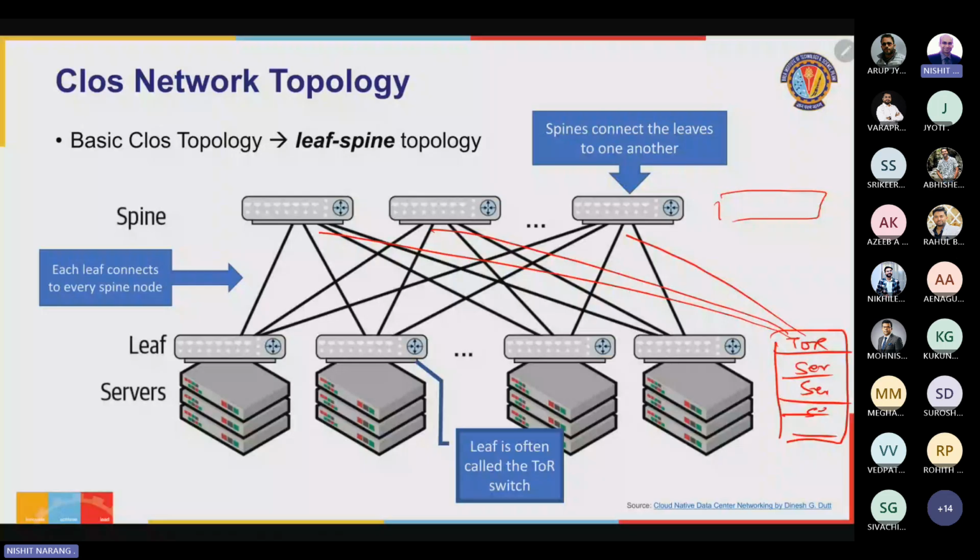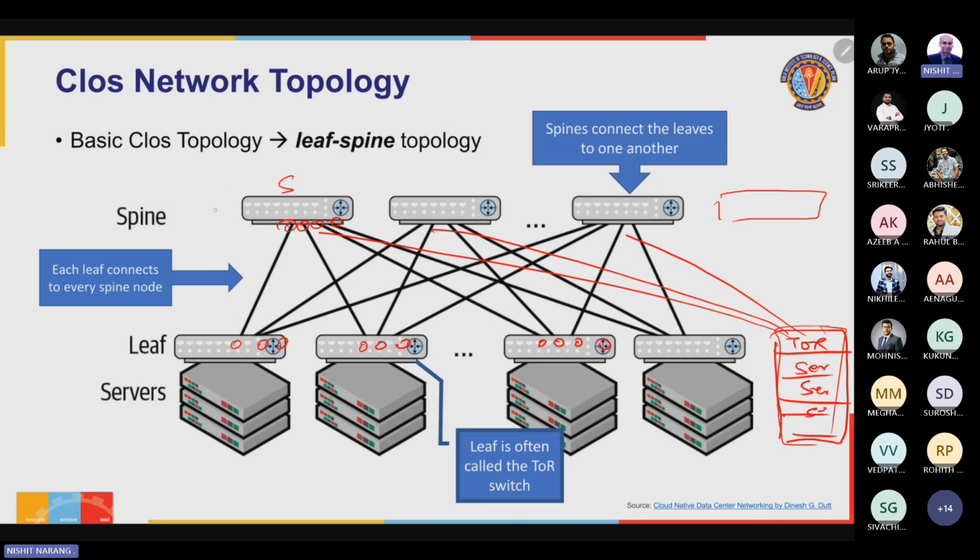Well, eventually you will run out of ports, number of ports on these switches. So I cannot keep on adding these servers and top of rack switches because let's say I've now exhausted all the ports on the spines, or maybe one of these has gotten completely exhausted. Maybe let's say the spine ports have already gotten exhausted.